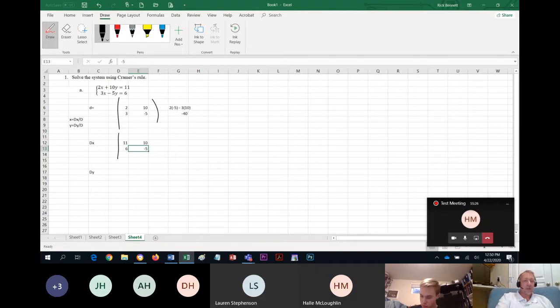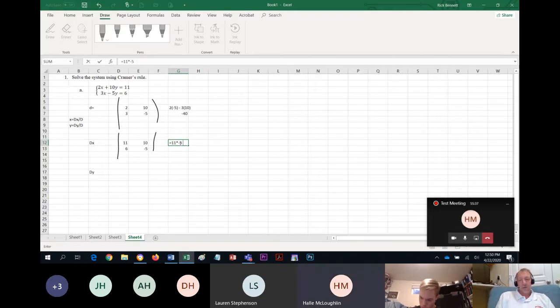Okay, so if this is the matrix, then all we have to do is find the determinant, which is going to be simply 11 times -5 minus 6 times 10. So that's going to be -75. So in this case, x equals -75 divided by -40, which works out to be 1.875.